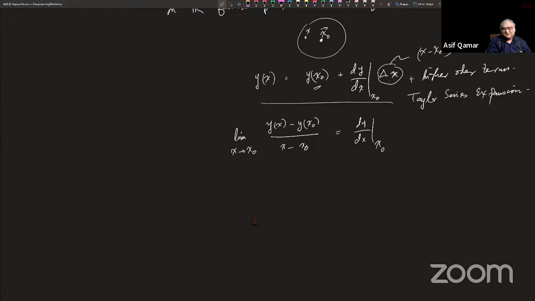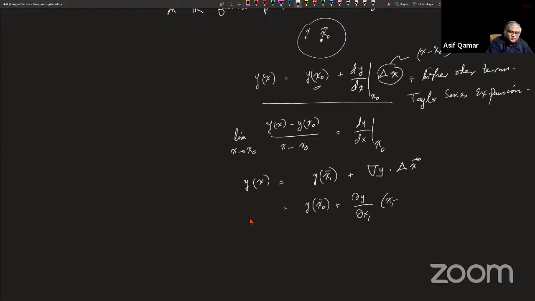So now let's generalize it to higher dimensions. What it means is y of x is equal to y of x naught as a vector plus the gradient of y times delta x. This is a generalization, and let me expand it. y of x naught plus the gradient of y, this is dy dx1 times (x1 minus x naught 1), plus dy dx2 times (x2 minus x naught 2), suppose there are two axes.